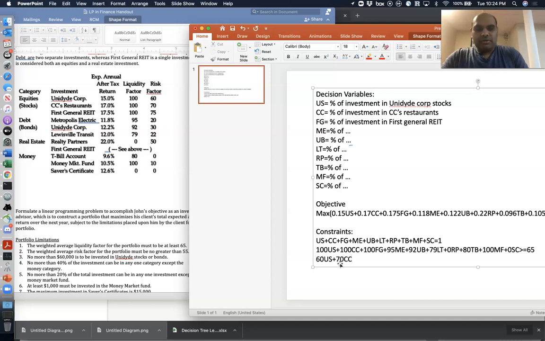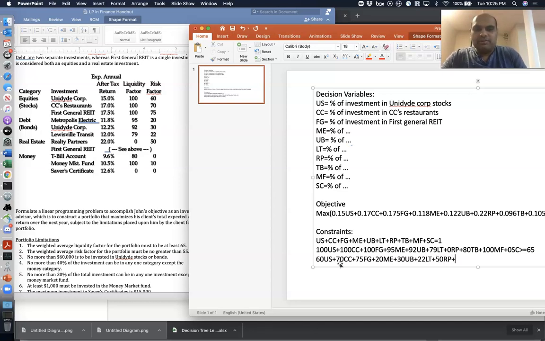Stocks are liquid and could give returns, but they are also pretty risky. 70 times CC, 75 times FG, plus 20 times ME, plus 30 times UB, plus 22 times LT, plus 50 times RP.